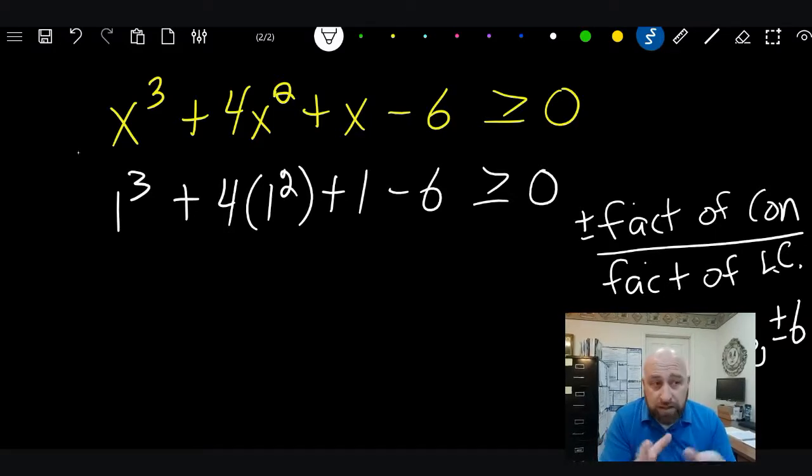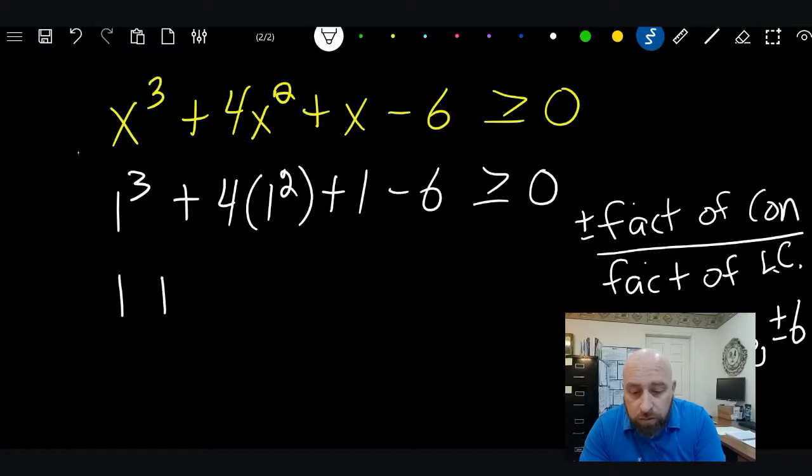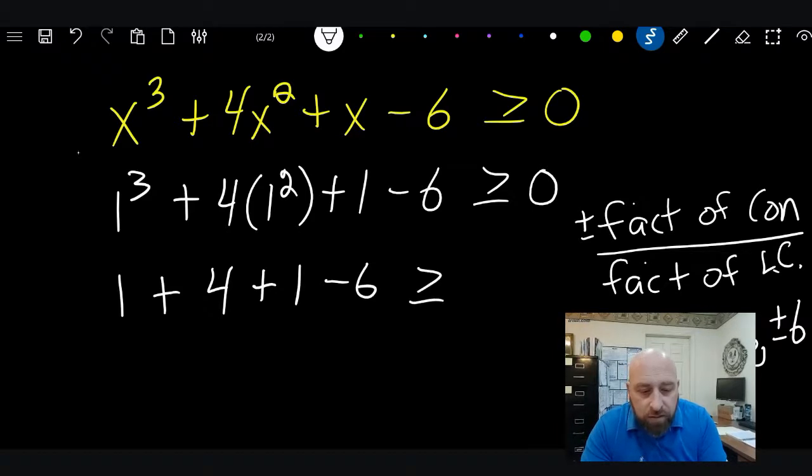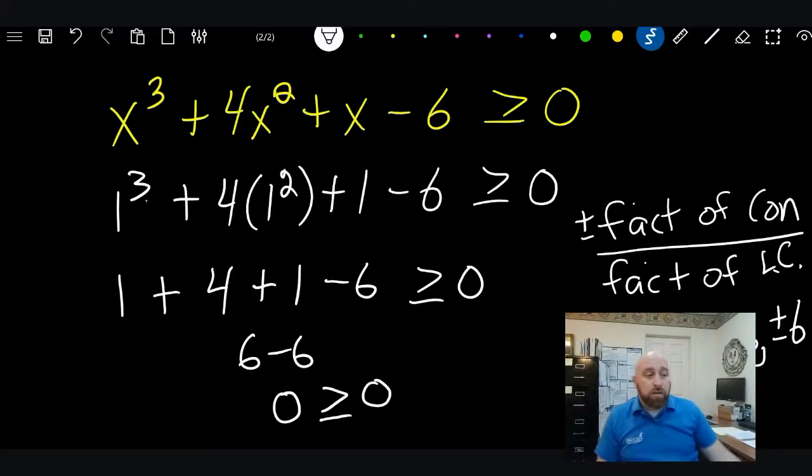And we get 1 plus 4 plus 1 minus 6 is greater than or equal to 0. 1 plus 4 is 5. 5 plus 1 is 6. 6 minus 6 is 0, is greater than or equal to 0. And that is true because it could be greater than or equal to.